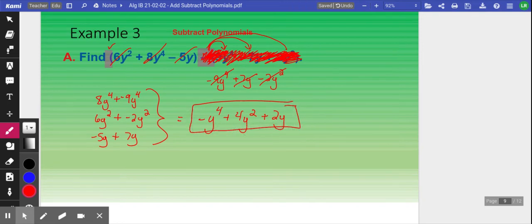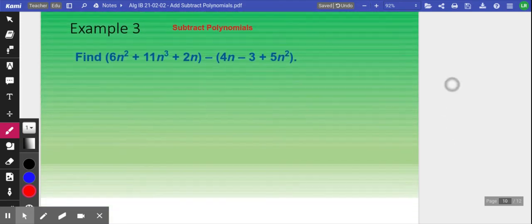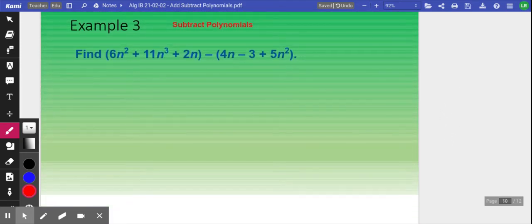All right, let's go ahead and look at our next one. We have the trinomial 6n squared plus 11n to the third plus 2n, and we are subtracting 4n minus 3 plus 5n squared. We have another trinomial there.